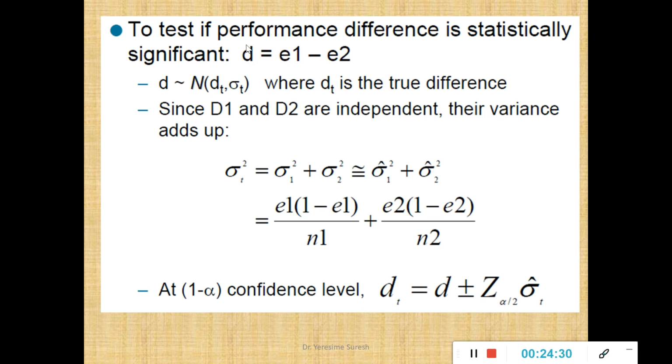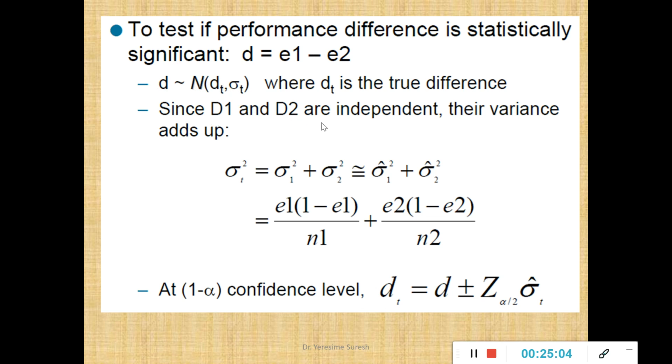Please understand, the notation D is termed the observed difference between the error rates of two models, and DT is the true difference, which will tell whether they are statistically significant or not. And D, the observed difference, is approximately equal to the number of instances multiplied by the variance and the true difference.